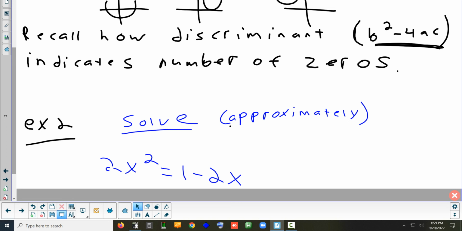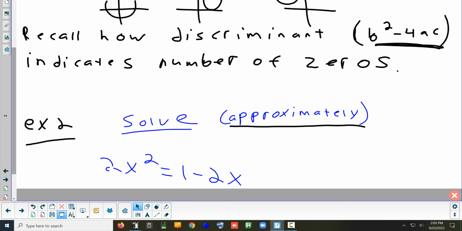But if the problem says they want an approximate answer, that opens it up to being able to use something else. What else do you think I can use to help me solve this if they say they only want an answer that's approximate? I'm not going to have to do algebra. So what else could we use? Algebra is one approach we take to solving all kinds of things in here, but I've been teaching you another way we can do everything.